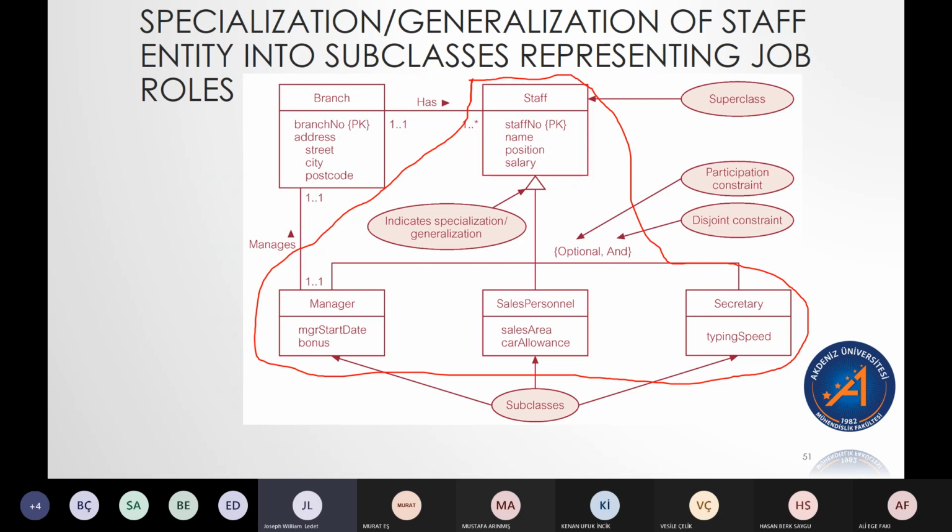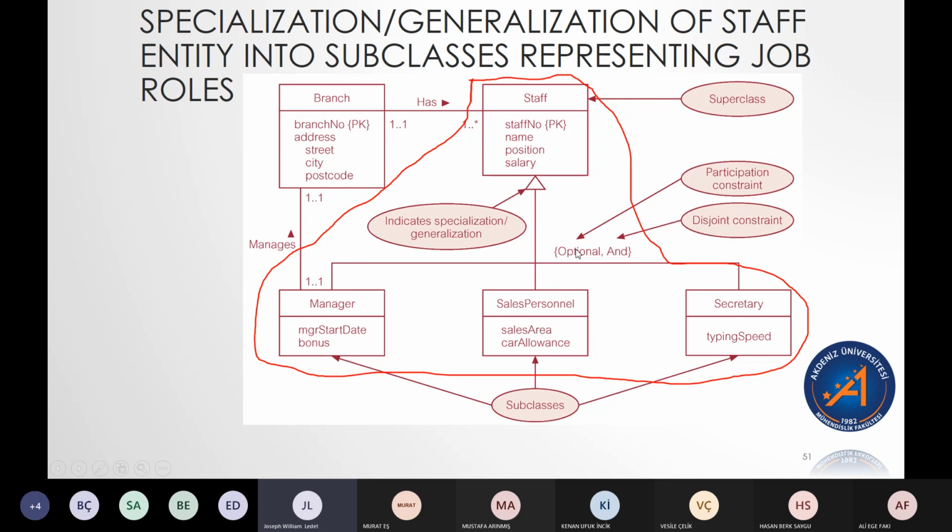Okay. All right. The other thing I pointed out that I wanted to talk about, because this is another thing that can get kind of difficult to understand, is this optional and. Because we didn't have this notation in UML, did we? We didn't really have this when we talked through this in Java. All right. Optional and.